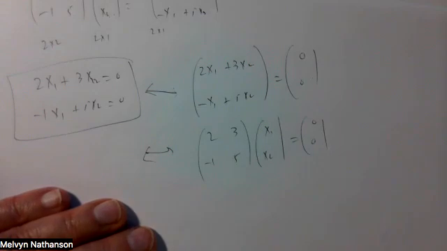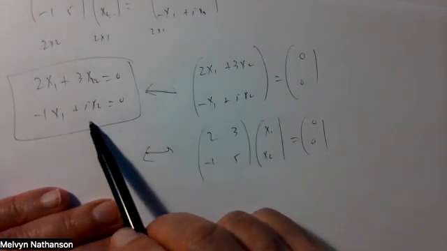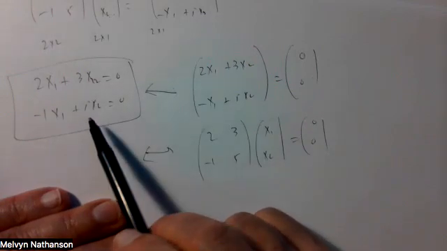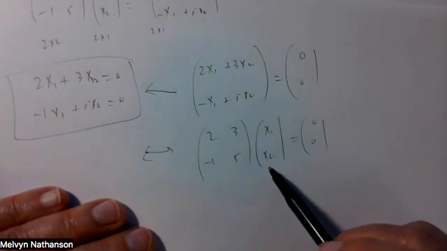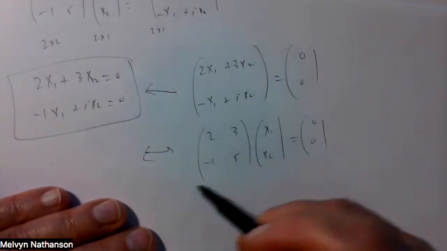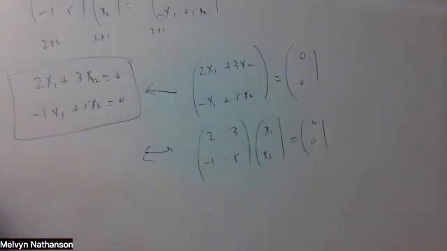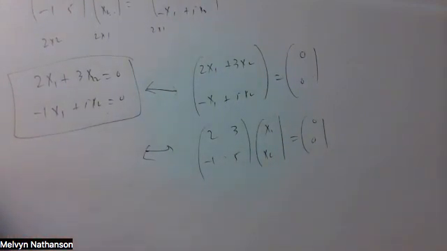Another way of saying that is that a solution of this system of linear equations is equivalent to finding a vector that solves this vector matrix equation. Right? This and this are equivalent ways of writing the same process.